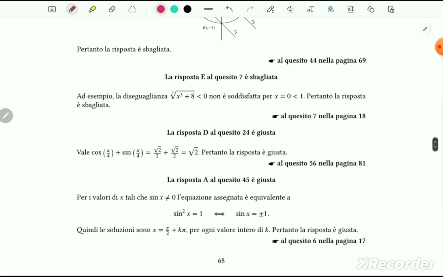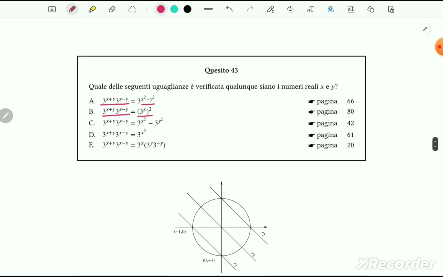Now take a look at the options. 3^x squared minus y squared, this cannot be. This is also not possible, too far from our 3 to the power 2x. Also not this one. Seems B and D could be the answer, but take a closer look. (3^x) whole squared means actually the same as 3^(2x).